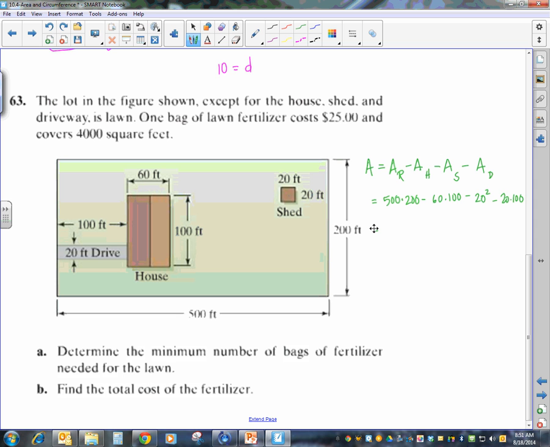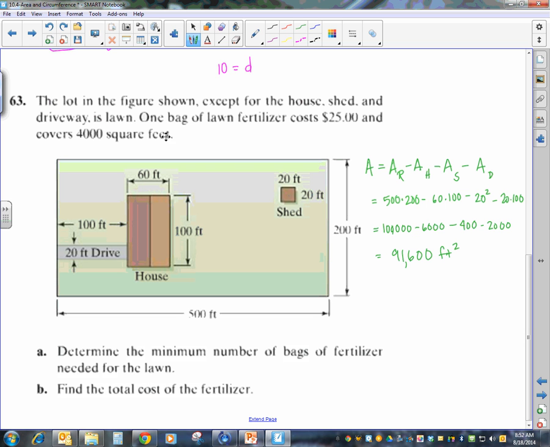So if you put all that in your calculator, we'll go ahead and show each one. This is 100,000 minus 6,000 minus 400 minus 2,000, which gives us a total of 91,600. So that's square feet.